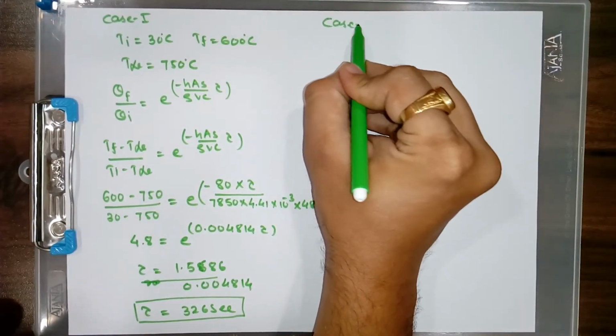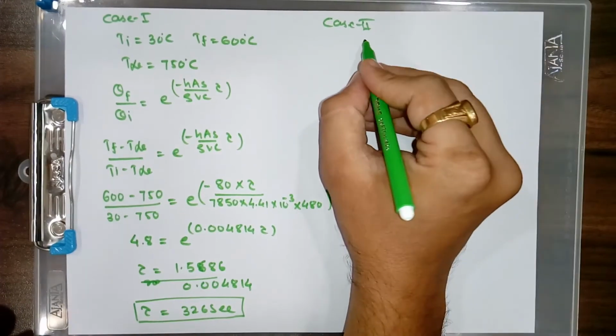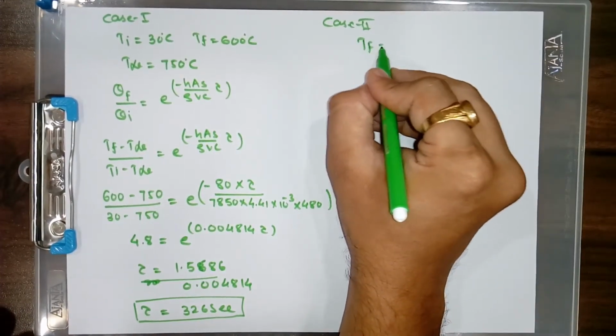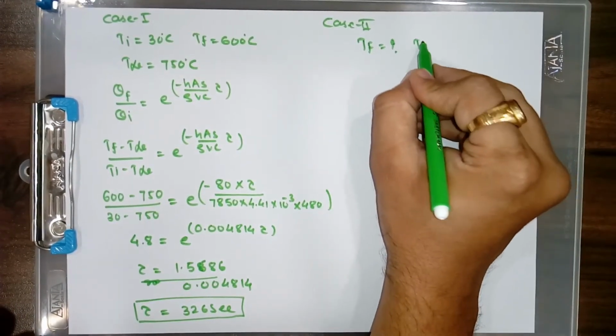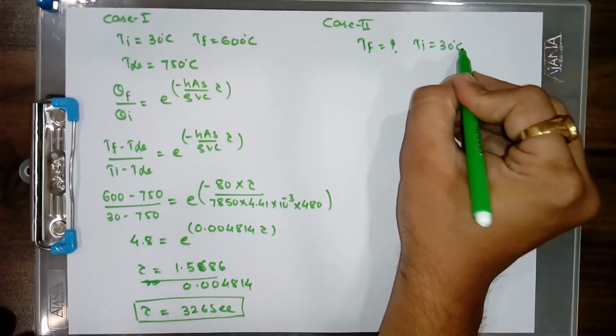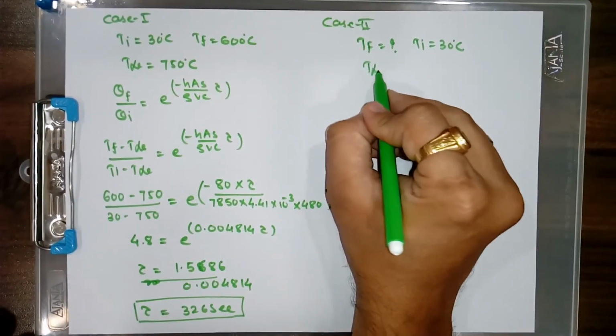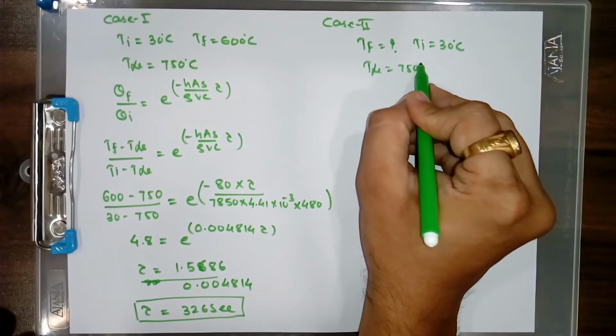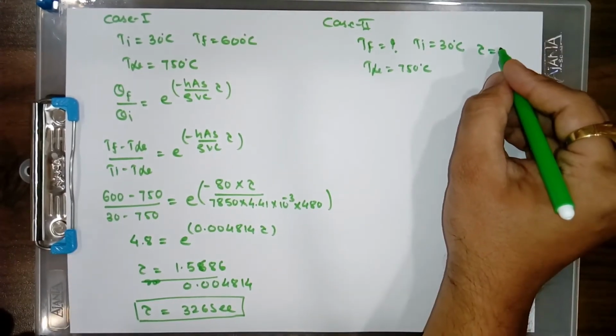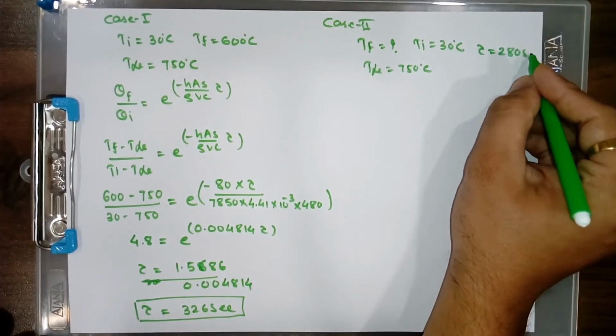So case 2: the final temperature is unknown to us. The initial temperature is the same as case number 1, that is 30 degrees centigrade. T infinite is 750 degrees centigrade. Time is given, 280 seconds.